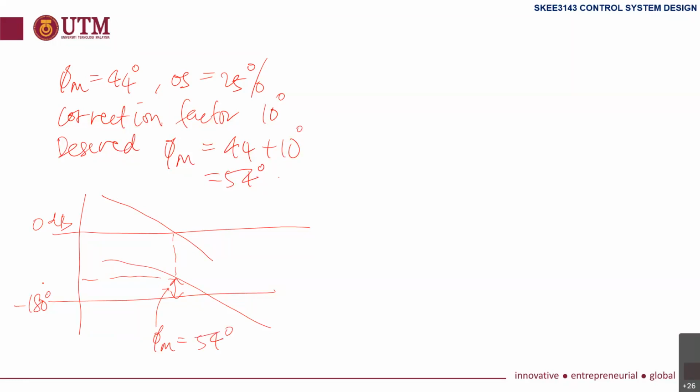That means the phase here is 180 minus 54, which is 126 degrees. We want 126 degrees.